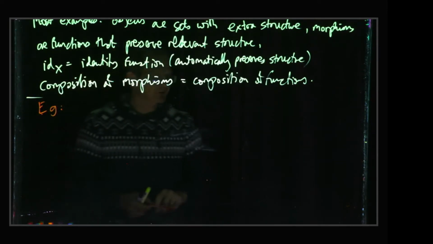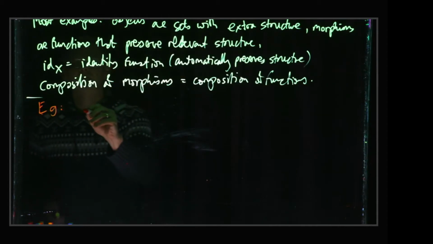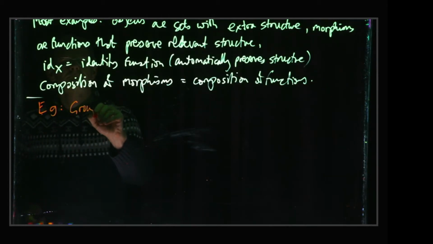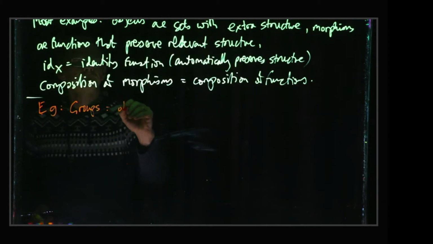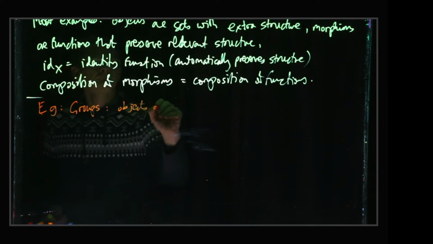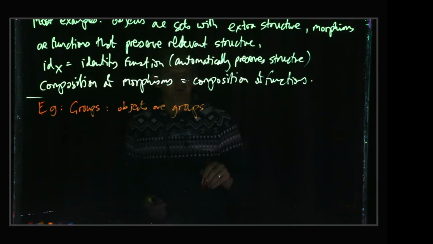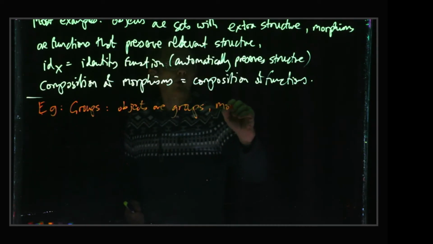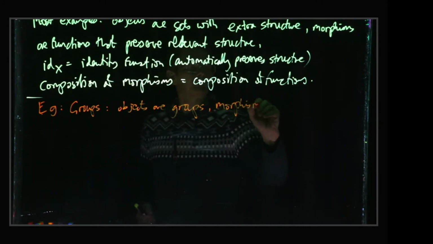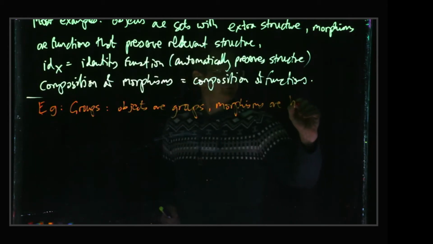I kind of said this verbally a minute ago. We've got a category of groups where the objects are groups. Morphisms are group homomorphisms.